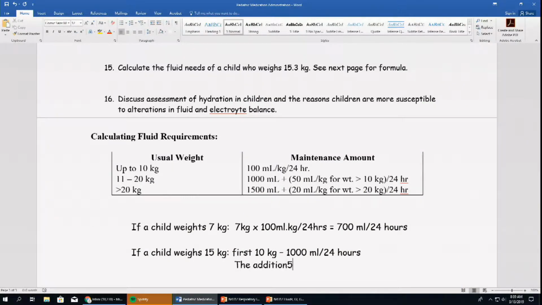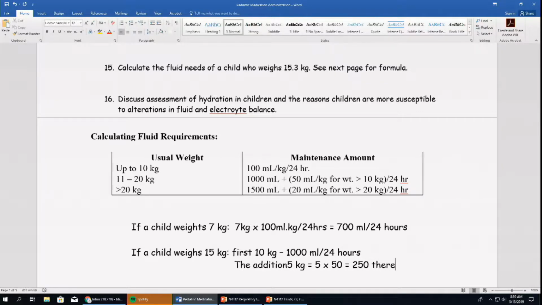Additional 5 kilograms equals 5 times 50, 250.